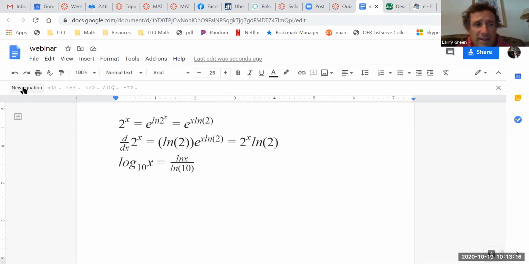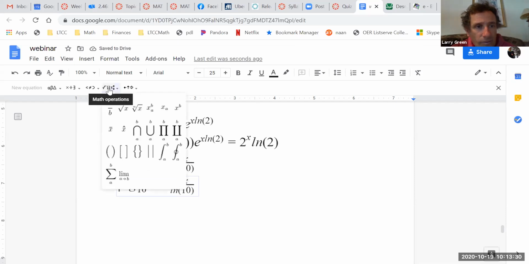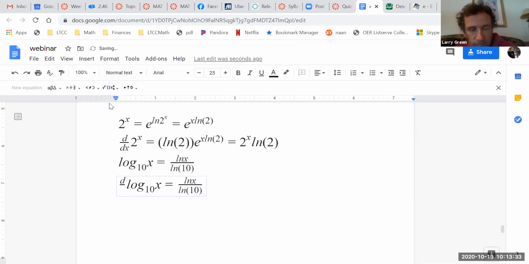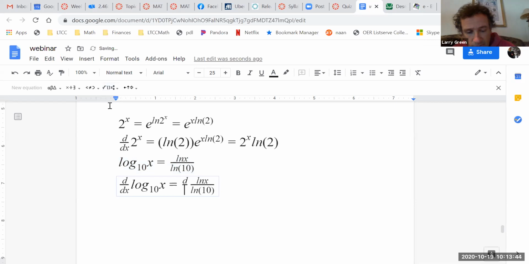Okay, so if we want to define the derivative of log base 10 of x, then that's the same thing as the derivative of ln x over ln 10. Do I need the quotient rule?